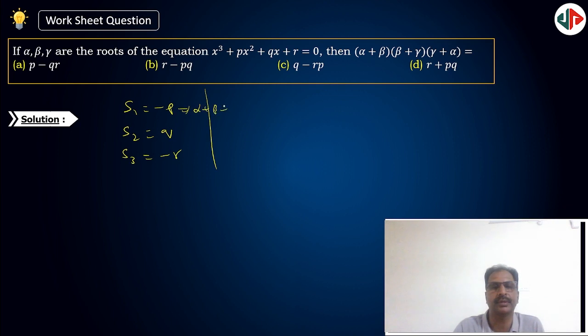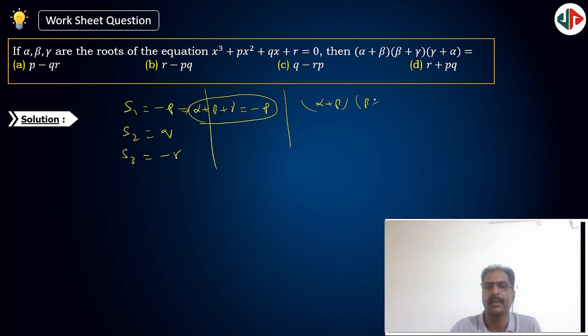Alpha plus beta plus gamma is equal to minus p. Alpha plus beta is minus p minus gamma. This is minus p minus alpha. If you simplify by multiplying all the three factors, you get like this.